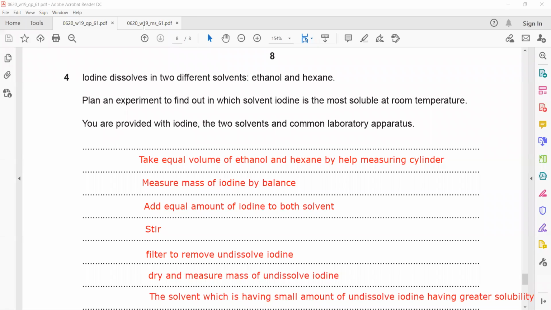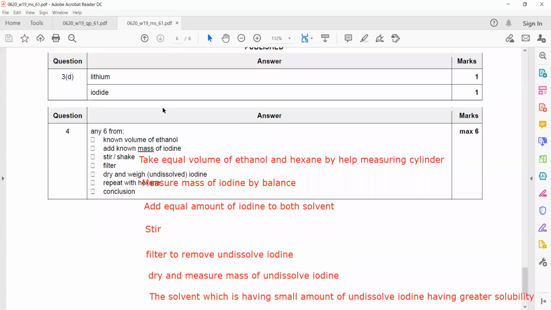So you can see the points here, the distribution. We should have the known volume of ethanol or hexane. Known mass of iodine, stir, shake, filter. How much undissolved is there? Repeat.